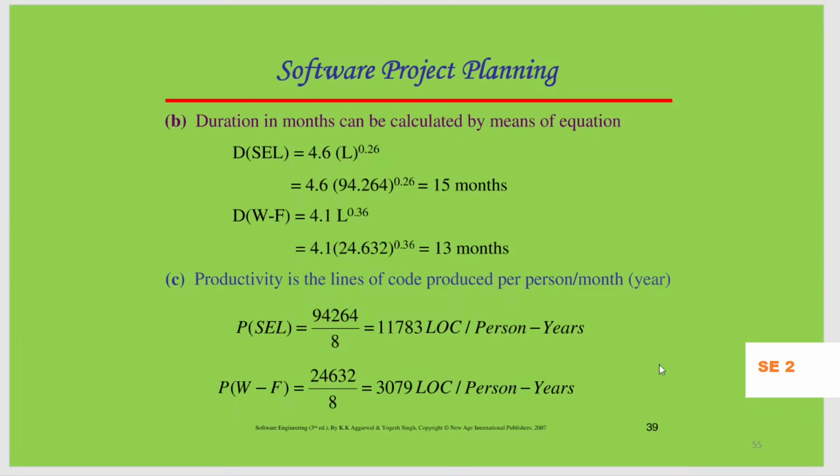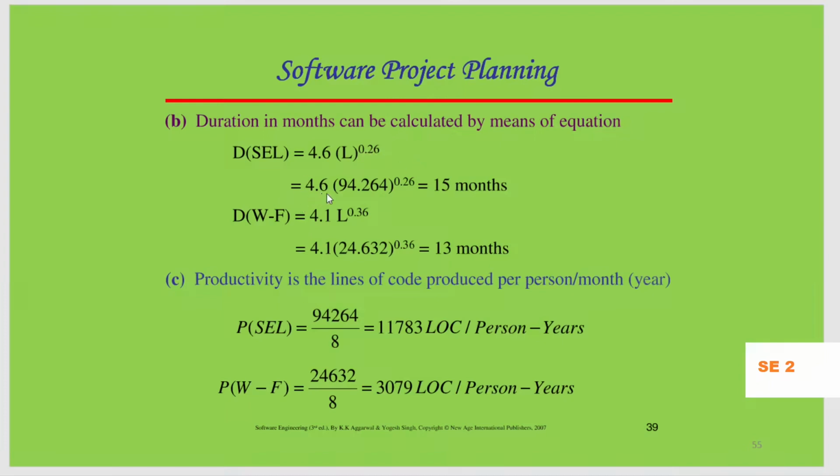Now, part B, duration in months can be calculated by means of the equation. The duration for the Software Engineering Laboratory is equals to 4.6 times L, wherein L here is in thousands, raised to 0.26.